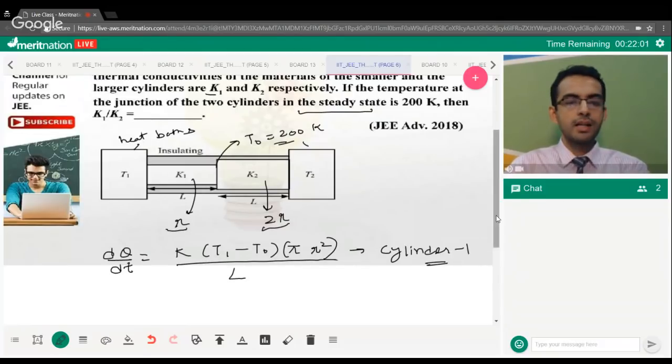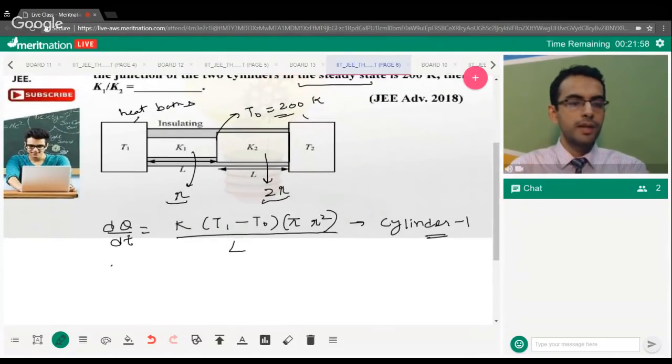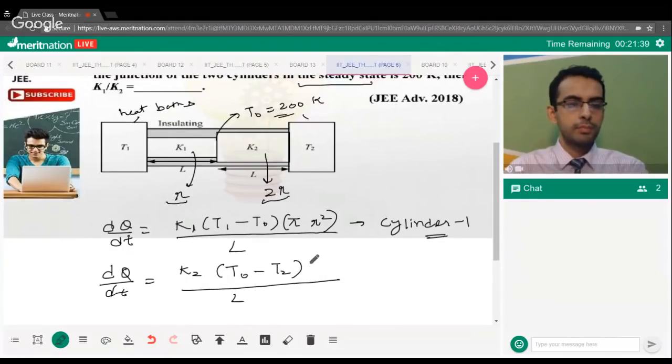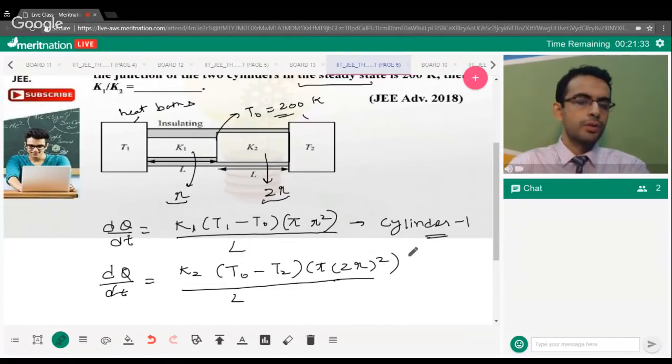And for the second cylinder, dq by dt is equal to k2 multiplied by T naught minus T2 over L, multiplied by pi into 2r square. This one is for the second cylinder.